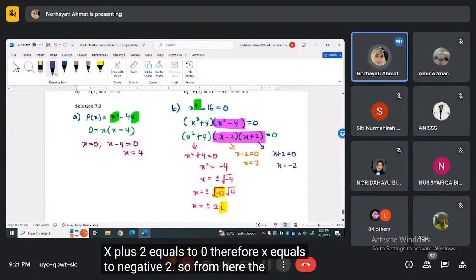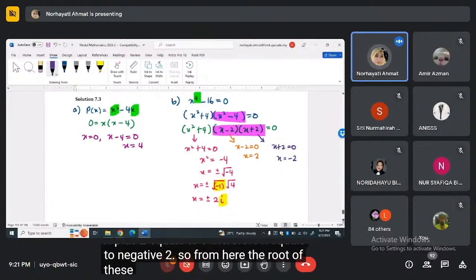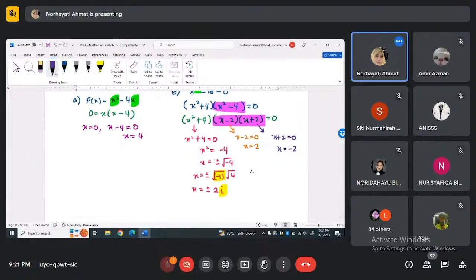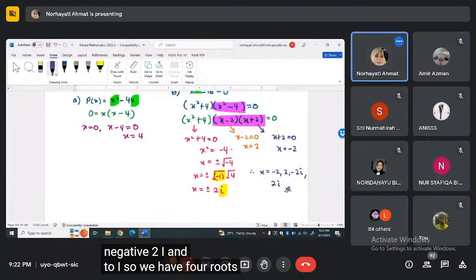So from here, the roots of this polynomial are, sorry, kita tulis macam ni, x equals to negative 2, 2, negative 2i, and 2i. So we have 4 roots.